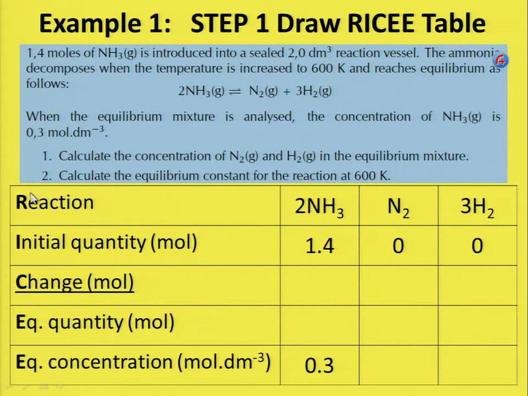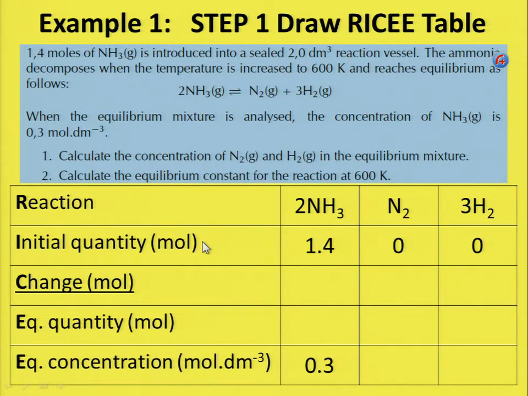The first thing to do is draw your RICE table and put in your reaction. So the ammonia is your reactant, the nitrogen and hydrogen are the products. The initial quantity, that is the values that they give you in the question. 1.4 moles of ammonia is introduced into a sealed 2-liter reaction vessel. So 1.4 moles is put in at ammonia initial quantity.